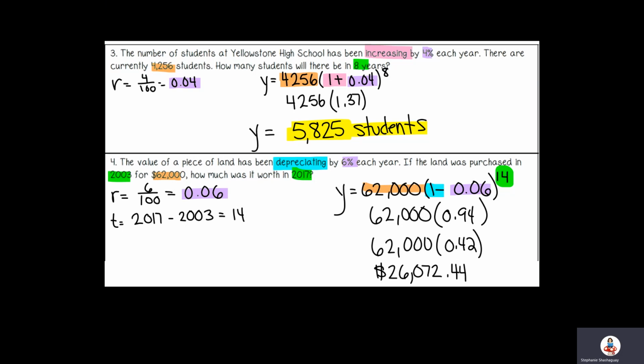And you would include the decimals because we're talking about a value of money. So you're going to go to your nearest hundredth. So the value of that land in 2017 is going to be 26,072 cents. That's losing a lot of money fast. I would sell that land quickly.